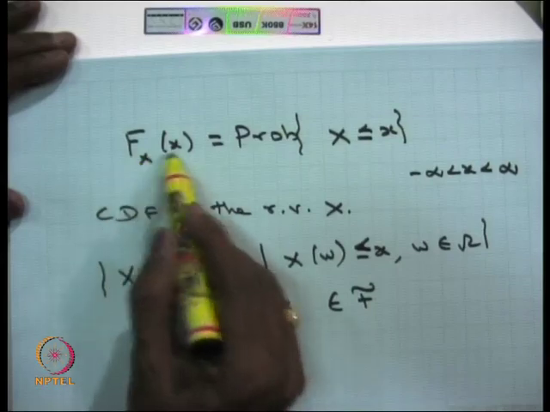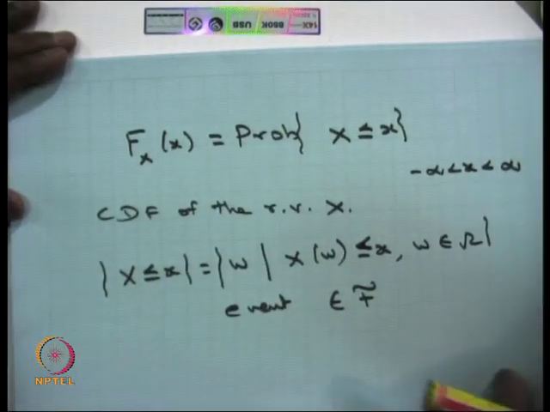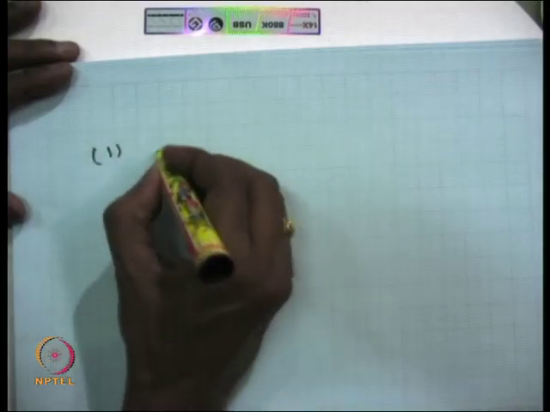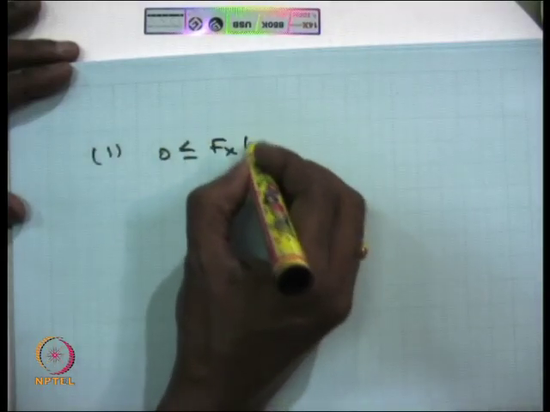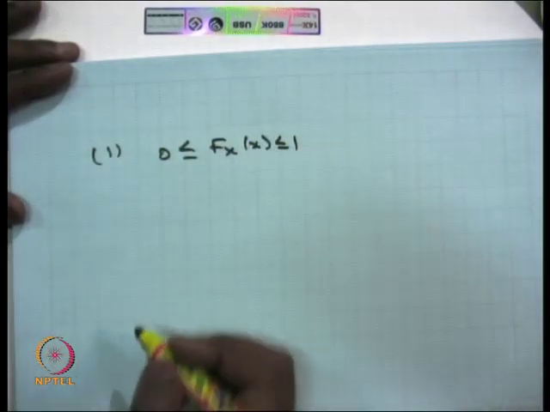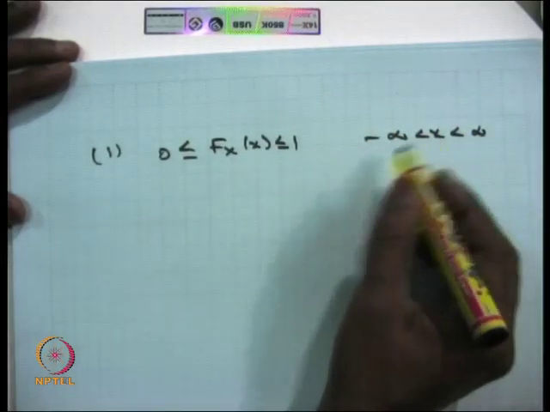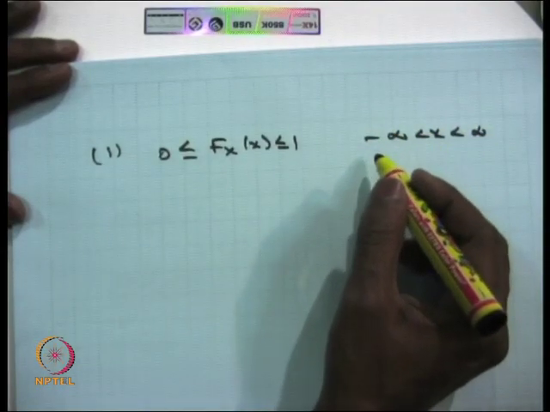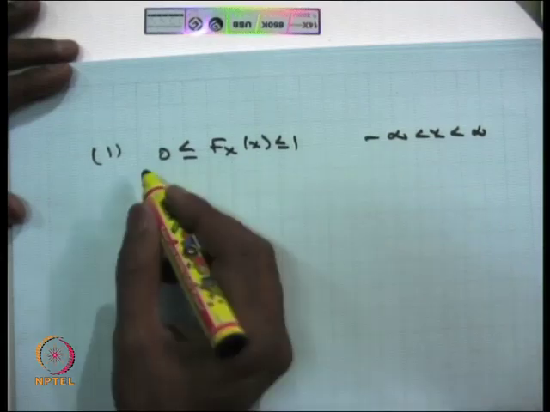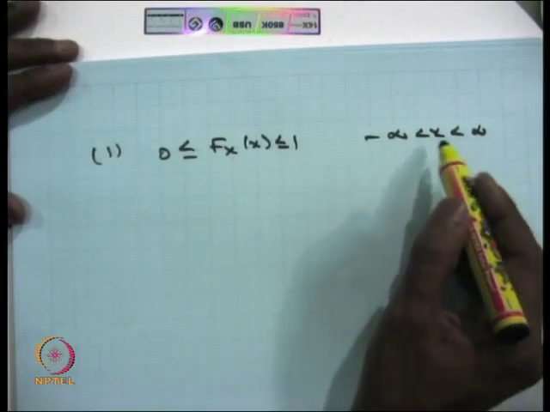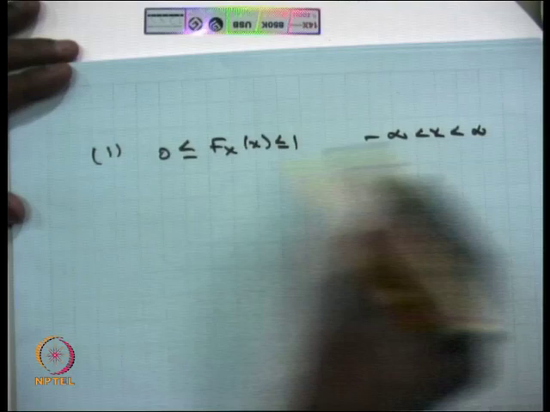Therefore, this F of x satisfies a few properties. If you see the properties of F of x, its value always lies between 0 and 1 for all x. Suppose x is almost minus infinity, then it is going to be 0, and towards infinity, it is going to be 1.